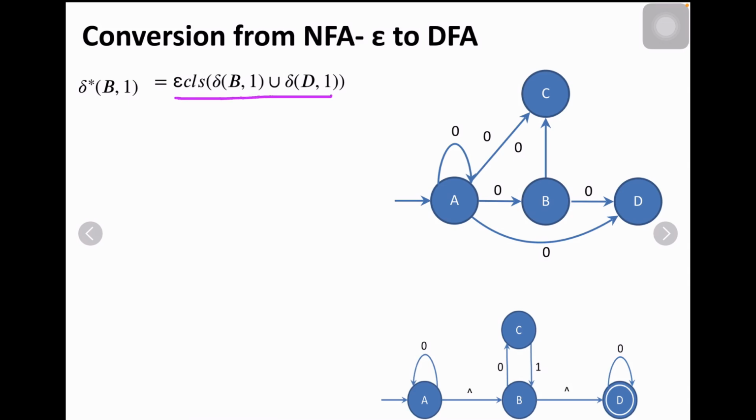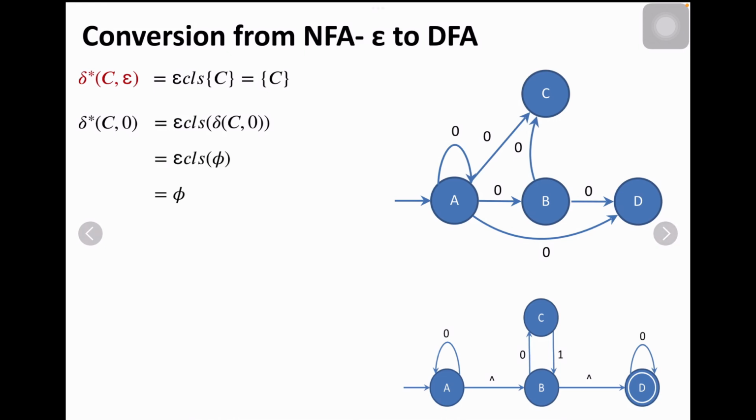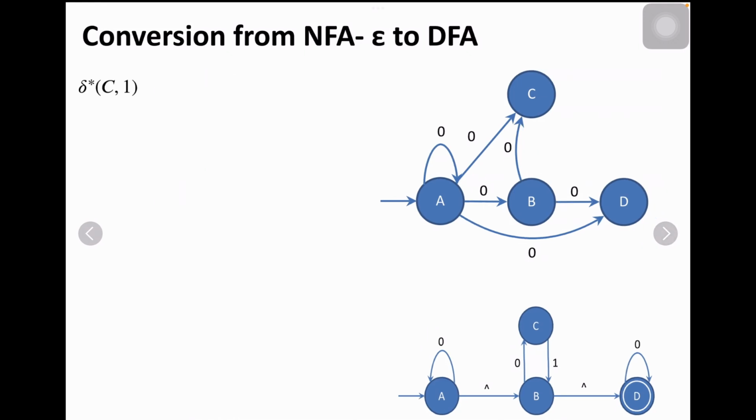B on 1 has no transition at all, and D on 1 also has no transition at all, so it is phi only. E-closure of phi is phi. Then C: the E-closure of C is C itself, since there is no transition to move to any other state. C on 0 is phi, there is no transition at all. Then C on 1 will go to B, and E-closure of B is B and D. So C on 1 goes to B and also to D.